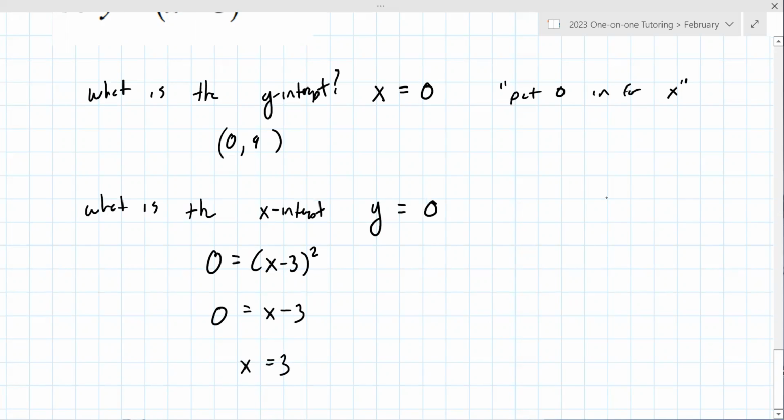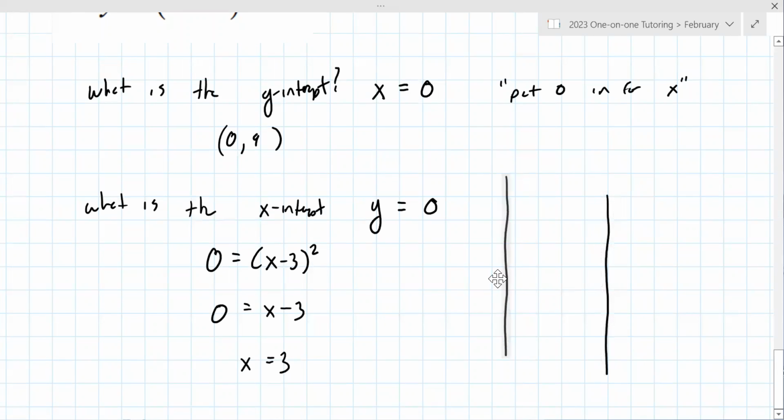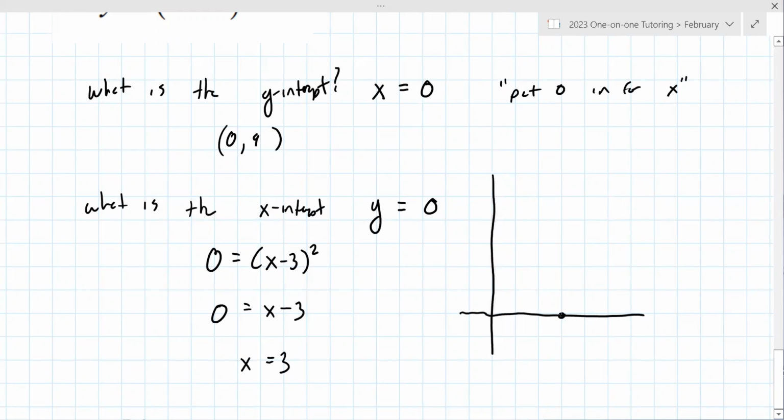Now 3 comma 0. This is the first one where we've only had one x-intercept. And the reason is because at 3, it touches, or bounces like that. So that's a possibility. That's something you might see.